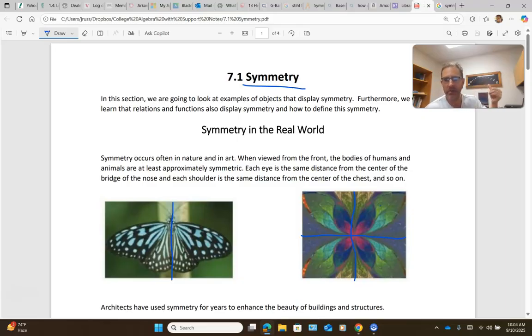Well, there's some symmetry exhibited here. Okay, there's even some symmetry through time. So you could say at the beginning of the eclipse, the moon rather, was basically the same as it did so many minutes or hours after the totality of the eclipse. Okay, so that's just an example. Another example.